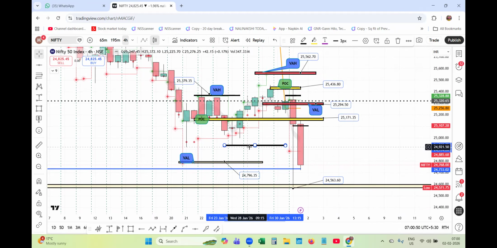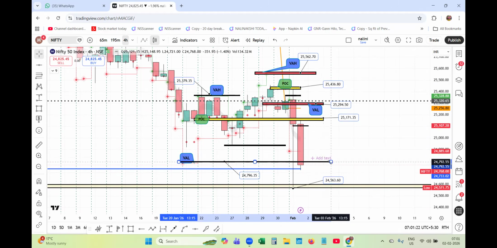From here to here is where it has broken down: value area high, point of control, and this one is value area low, 25,294. From there, the market has broken down, and there is every possibility of the market retracing back and testing this point of control, because the value area low is here.